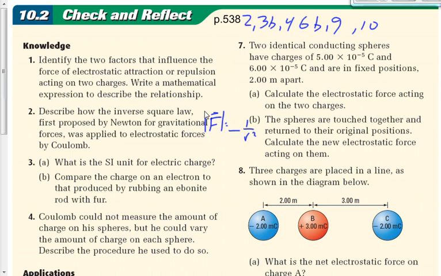That force is directly related to the product of the charges, just like gravitational force is directly related to the product of the masses. And it's inversely related to the square of the distance, just like gravity is. If there's this invisible force that acts between 2 masses a certain distance apart, then why wouldn't the same relationship apply between 2 charges a certain distance apart?